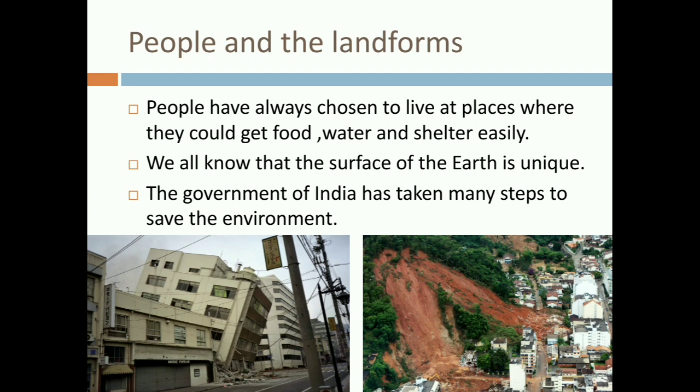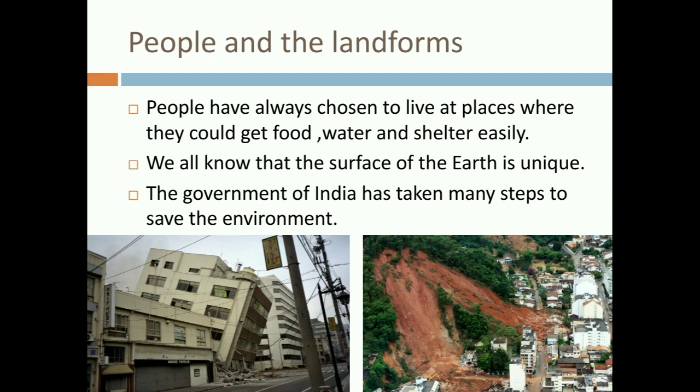We all know that the surface of the earth is unique, but its capability to sustain agriculture and industry is limited. We should not do anything which harms the earth. Pollution of air and water, use of polythene, and wastage of water are matters of concern for all of us.